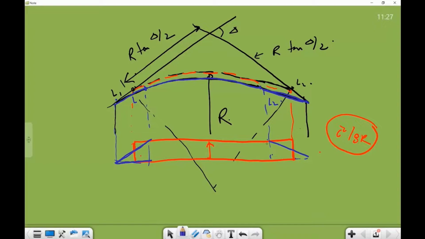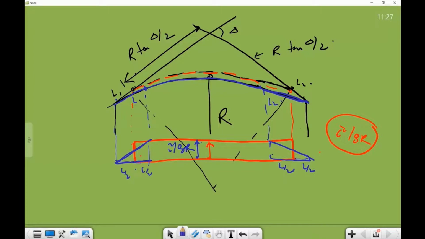Transition length L by 2 on both sides of center line. Versine in the central portion of the curve remains same as c square by 8R, as radius is same and c is same. So this is how my Versine diagram is going to be for the same curve with transition.